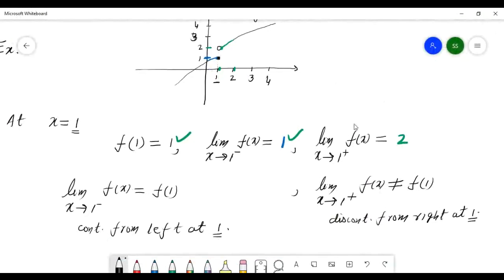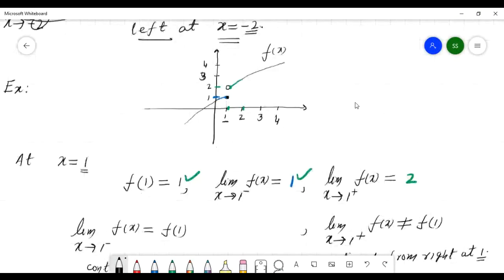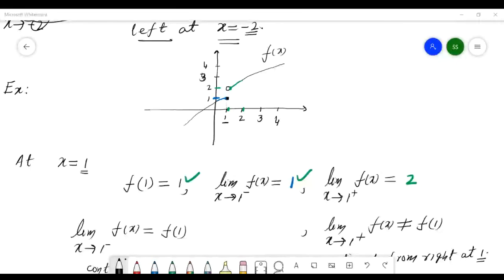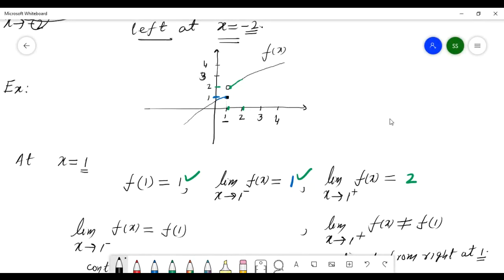So, let's make it clear. Left limit means look at the left side of the graph. When x is close to 1 from the left, input close to 1, then where is the graph going, close to 1. Check here. You have to check here. If there is a number here, if the number exists, okay?